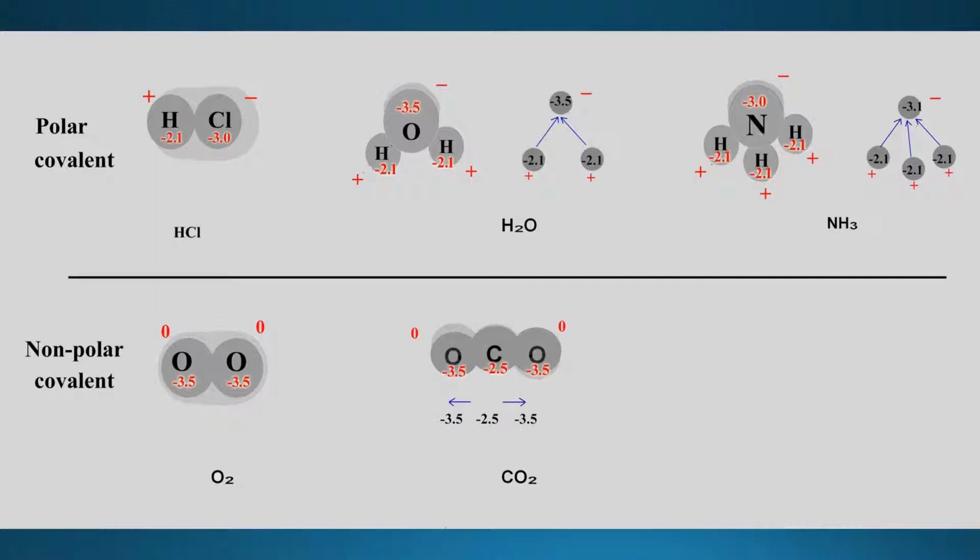CO2, when you first look, you say C is 2.5, O is 3.5, so the electron will be pulled towards the O. But you look at the other side, there is also an O, so the electron is also pulled to the other side as well. So this makes the electron pulling symmetric, with an even electron distribution. Because of that, it is also non-polar.